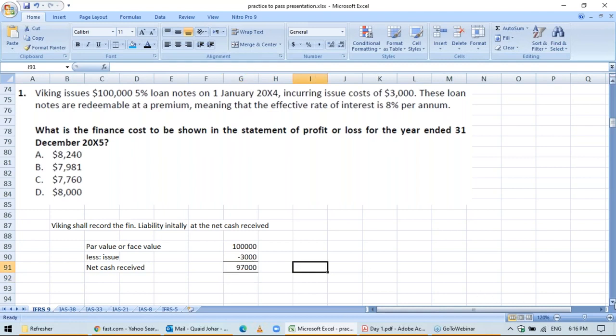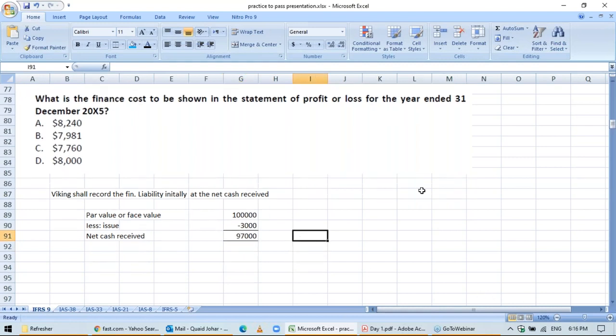So this is the amount at which the liability will be initially recognized, and this financial liability is being recognized at amortized cost, right? If a party issues loan notes with an intention to hold them until the end of maturity, the loan note will be recognized as a financial liability at amortized cost.